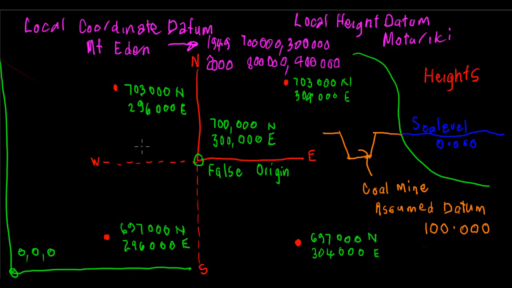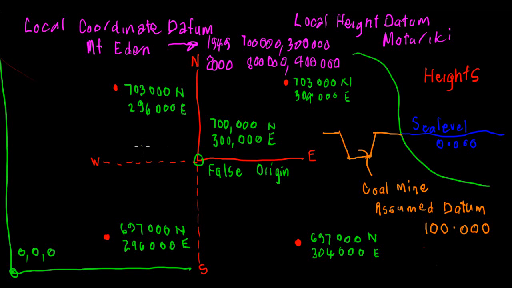Locally, just looking at the local situation, firstly the local coordinate datum is the Mount Eden datum, and this datum dates back quite a number of years. Initially it was called the old cadastral datum, where they didn't allow for the curvature of the earth, and then in 1949 they created the Mount Eden geodetic datum 1949, where the curvature of the earth was taken into account.